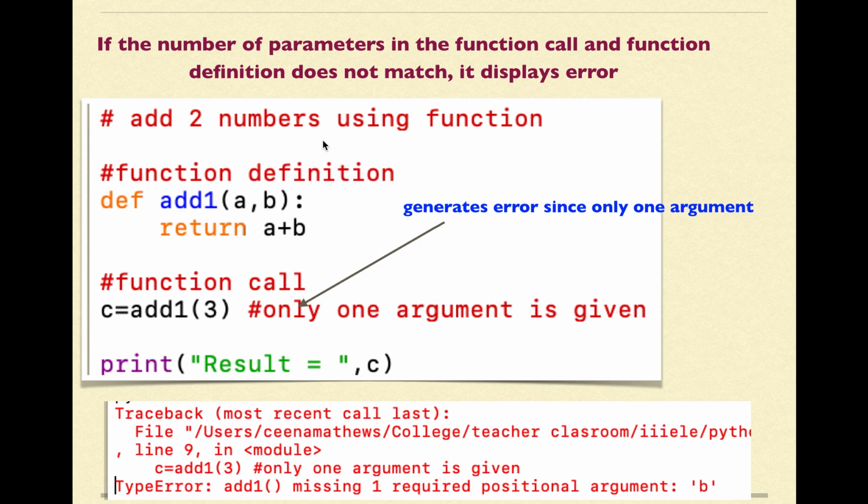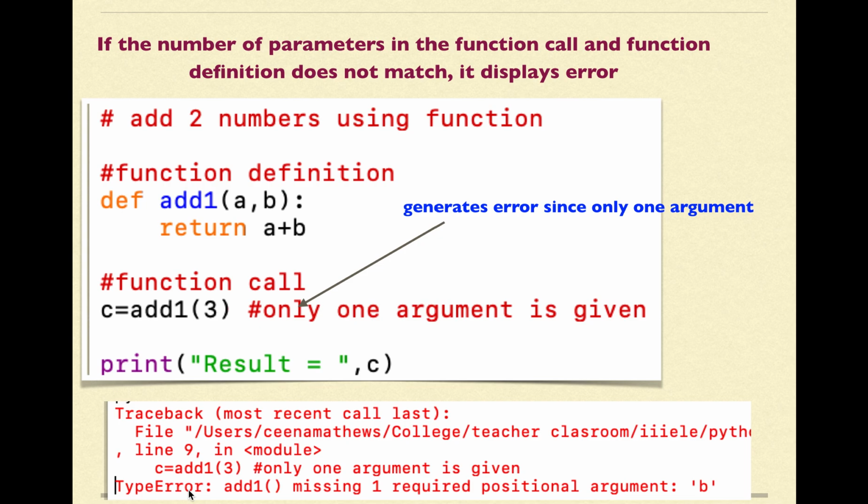As you can see in this example, in the function definition, the function expects two parameters, two values, but at the function call, I provide only one value. Here it has been commented that only one argument is given, so that generates the error. You can see the error displayed here.